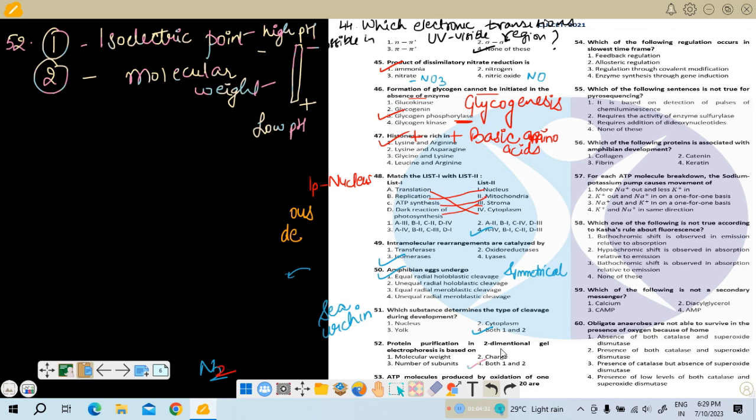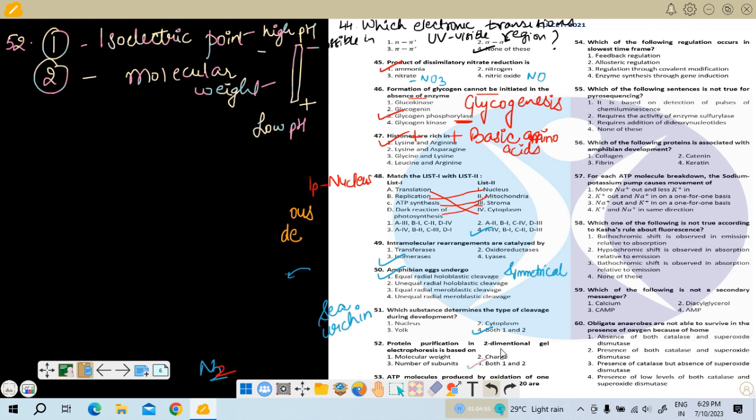Why am I saying molecular weight? Because in SDS-PAGE that principle of molecular weight is used. SDS-PAGE electrophoresis.